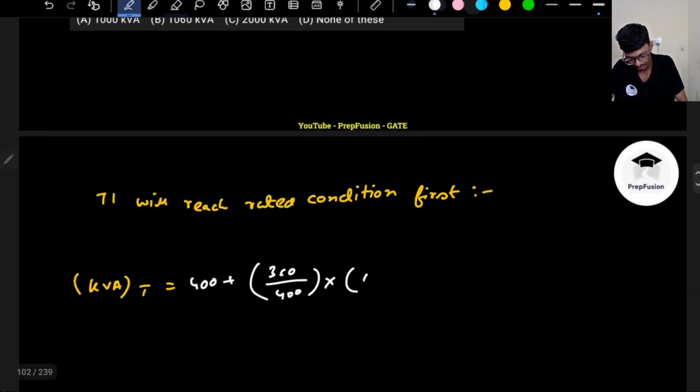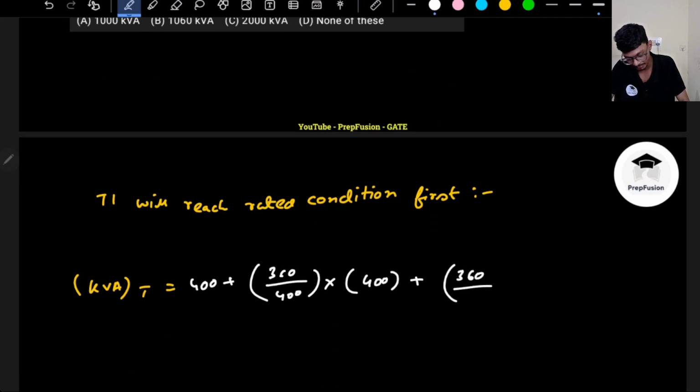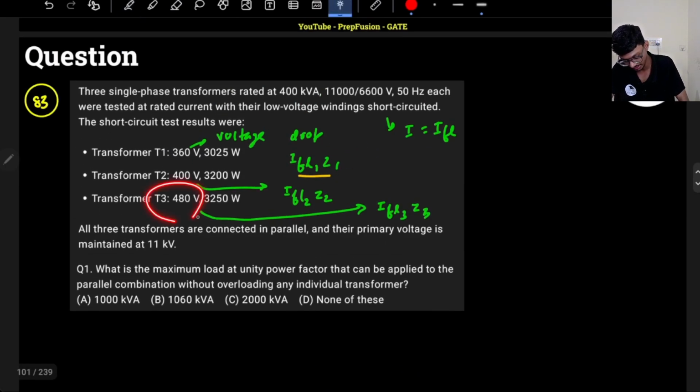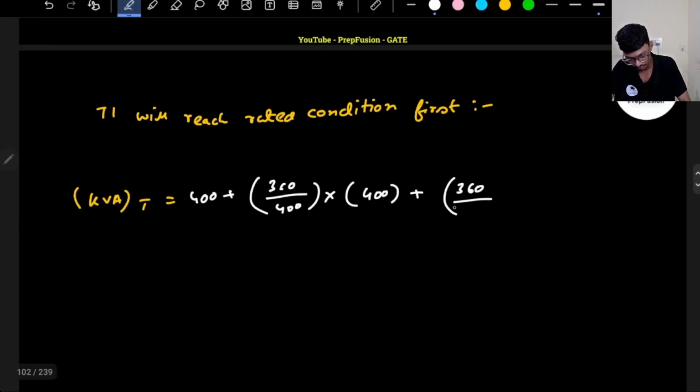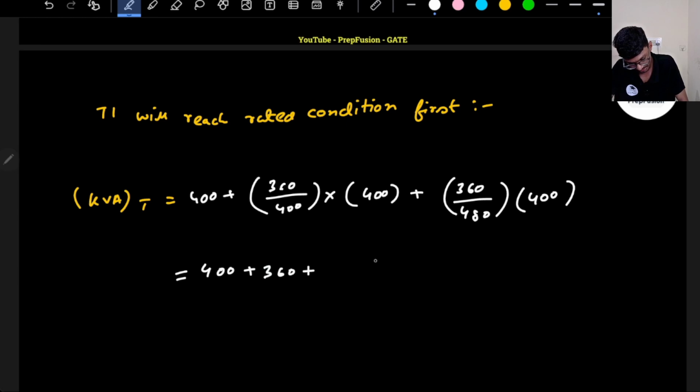So this will be 400 kVA, plus the drop of the first transformer divided by the drop of the third transformer, that is 480. So this will be 480 into the kVA rating, that is identical, 400. So this will come out to be 9 divided by 10, so this is like 36. Sorry, 360 only. This is 360 only, plus 360, plus this will be how much?